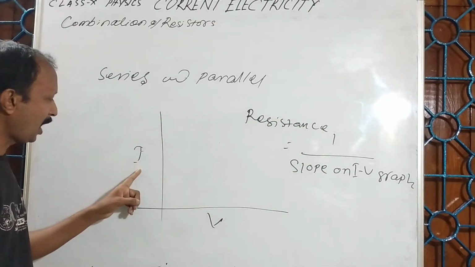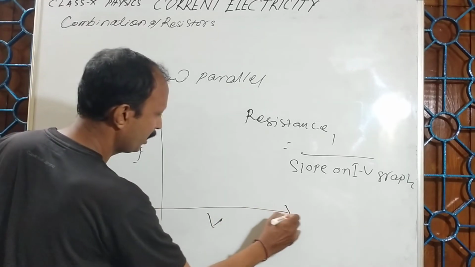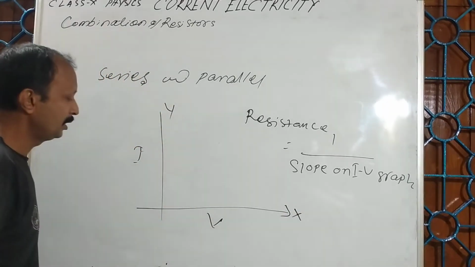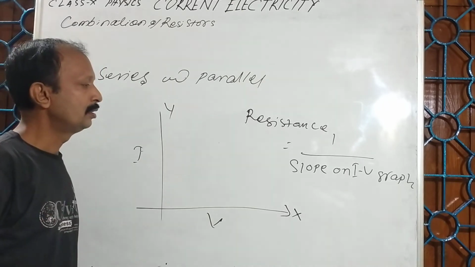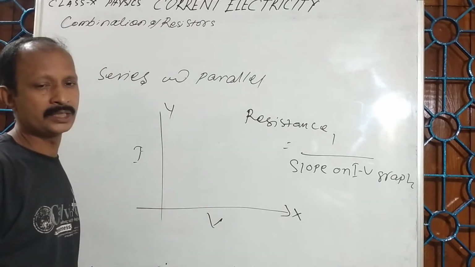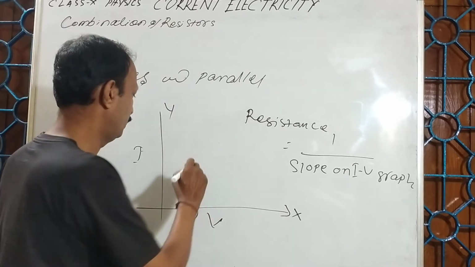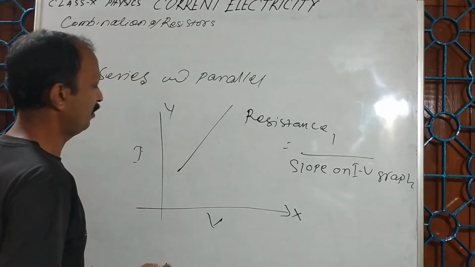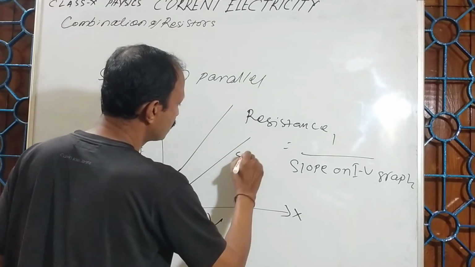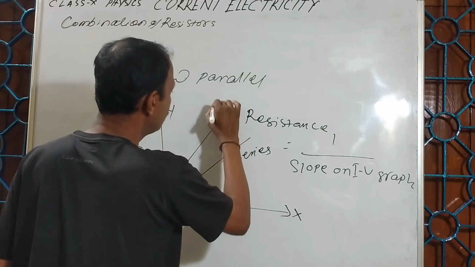So if I take I on the y axis and V on the x axis, then for the series and parallel combinations you may get a graph like this.